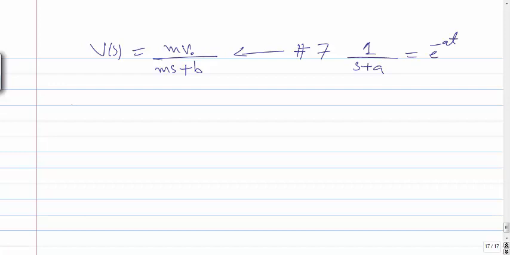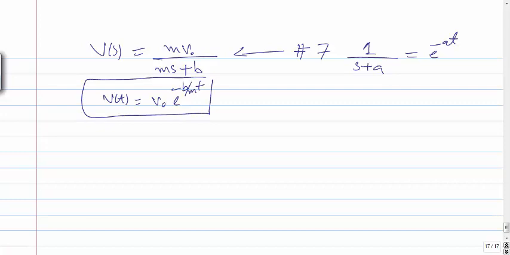Now look here, when we apply it, v of t becomes v naught times exponential minus b by m t. So this is the initial condition response of the system. So you can use Laplace to find the initial condition response. So here in Laplace, we can actually find out the transfer function.